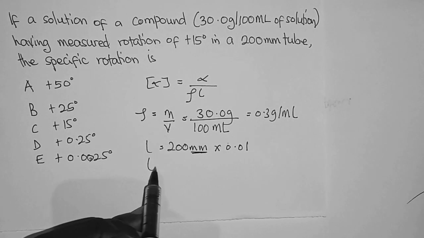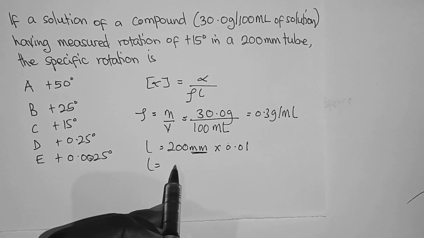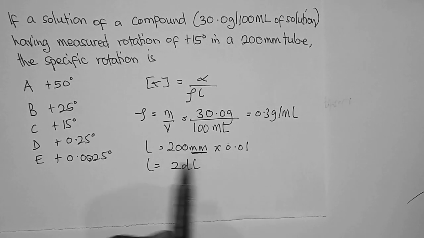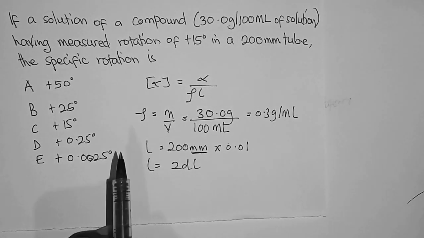So the path length is equal to 2 decimeters. Having gotten this, we can calculate the specific rotation.